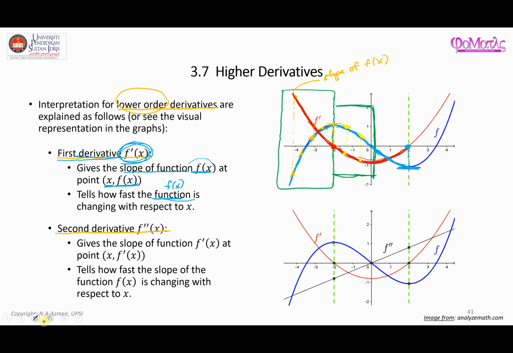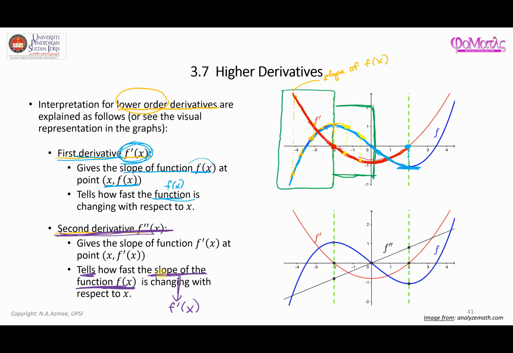Now if you look at the next part, which is the second order derivative, well, for this part here, the interpretation is that it tells you how fast the slope of the function f x is changing with respect to x. Now the slope of the function f x is also the same thing as f prime x.